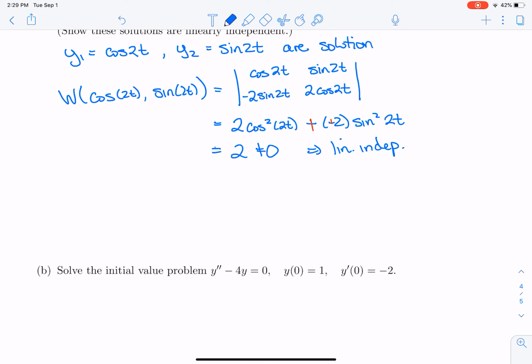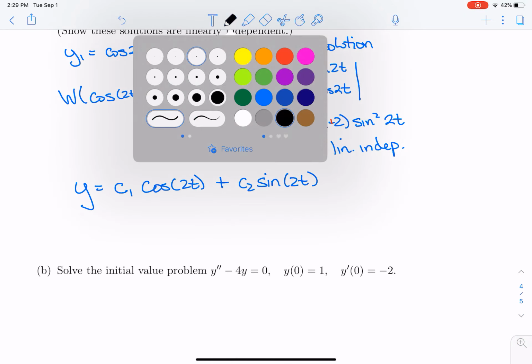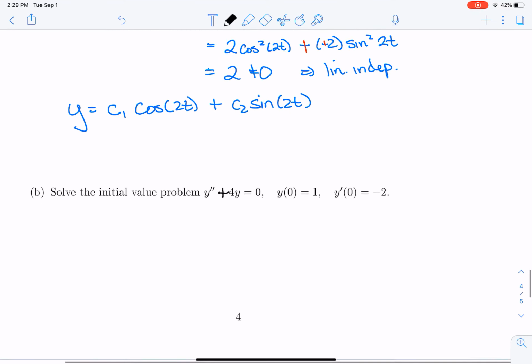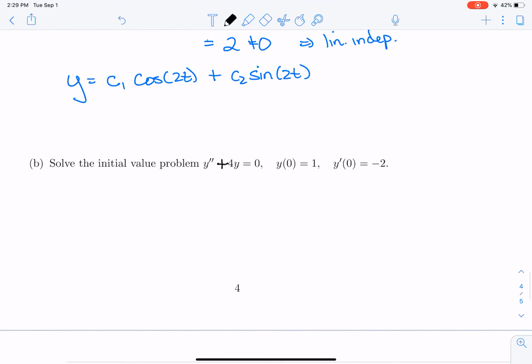Okay, so that tells me my fundamental set of solutions is cosine 2t and sine 2t. So I get that y is equal to c1 cosine of 2t plus c2 sine of 2t. So I have found a general solution to the differential equation. But now I'm going to add to this differential equation 2 initial conditions.